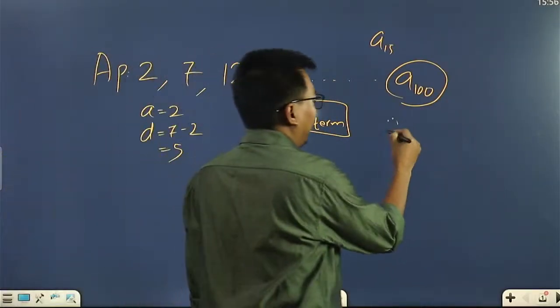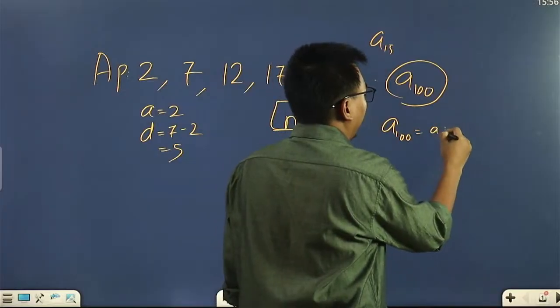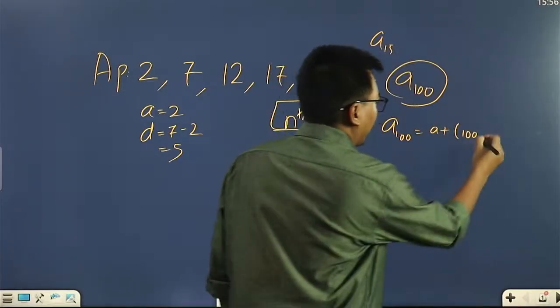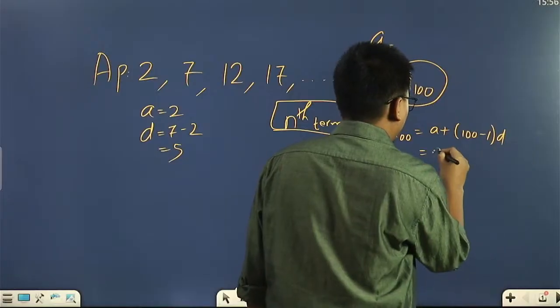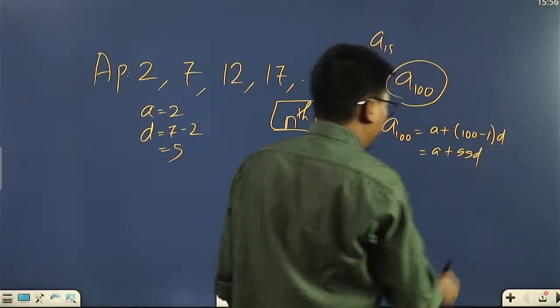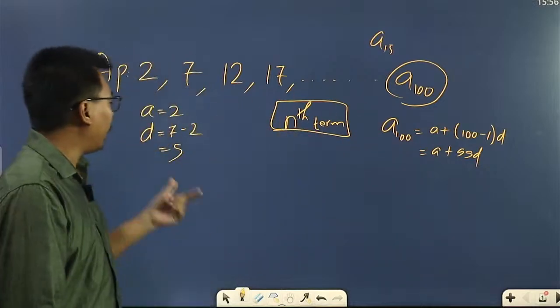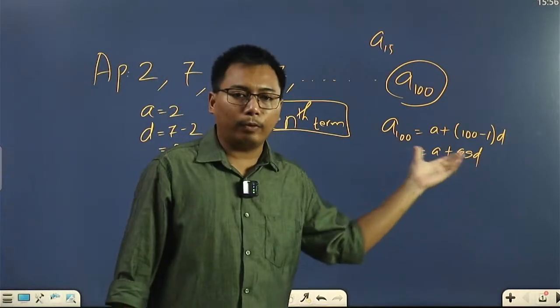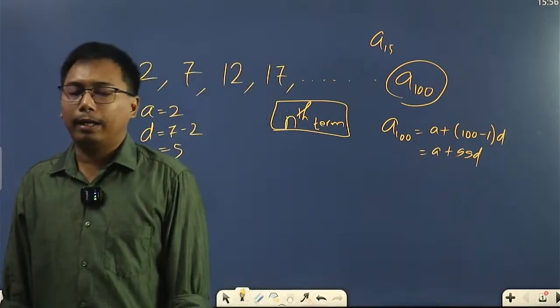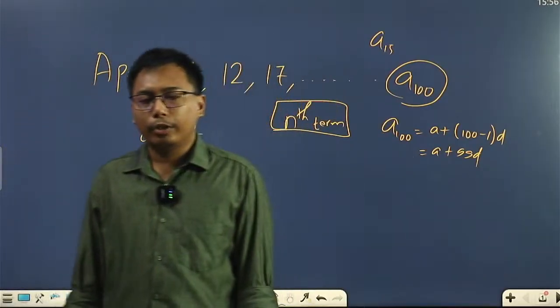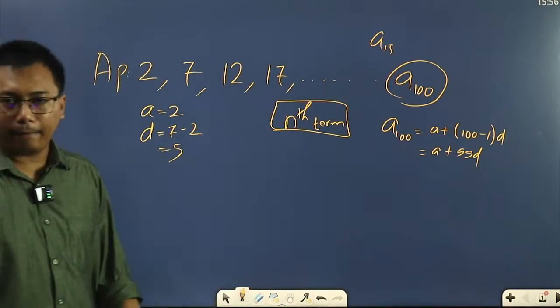How do we find a100? a plus (100 minus 1)d, which is a plus 99d. Then we put the value of a here and the value of d here, and if we solve it, we'll find our 100th term. So that way we can find any nth term, right?